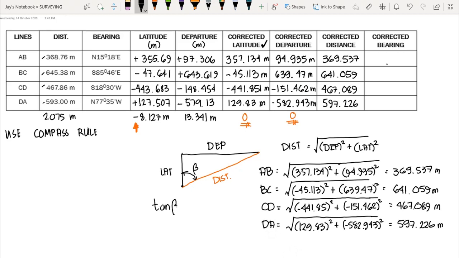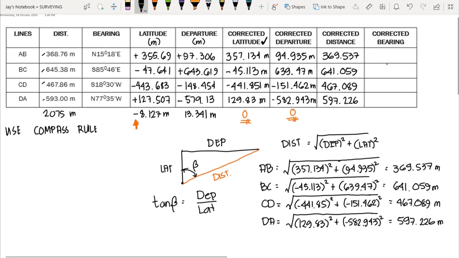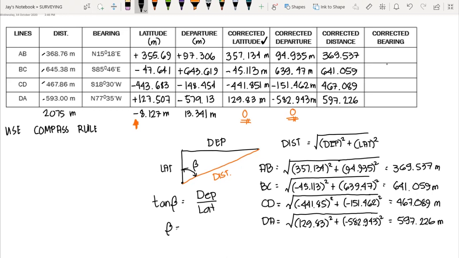Tangent beta is equal to opposite over adjacent, or departure over the latitude. So therefore, we can say that beta here is equal to arc tangent of departure over the latitude.